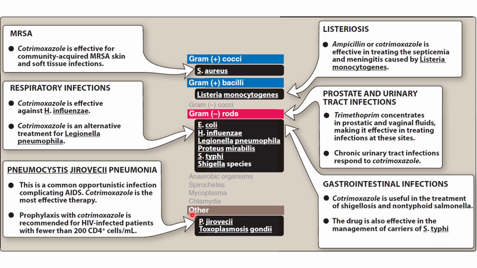And HIV infected patients usually die from the disease caused by Pneumocystis jirovecii pneumonia, a special type of pneumonia that is only seen in AIDS patients, so in patients with HIV, and most effective treatment is cotrimoxazole, used prophylactically for all HIV patients with the CD4 plus fewer than 200 cells per milliliter.